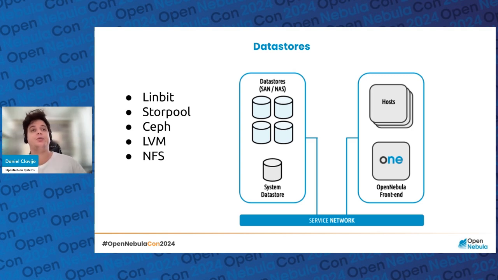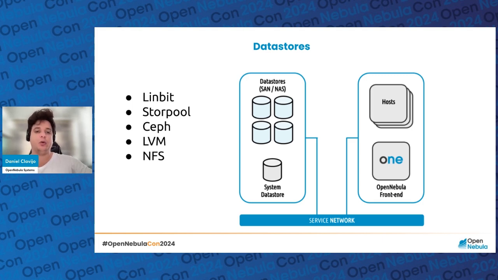On this data store, you basically upload images and it acts as an image repository source. When you create a virtual machine, the image is pulled from that data store, and then it is transferred to the system data store.